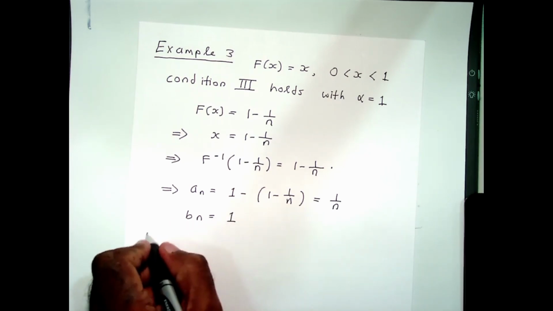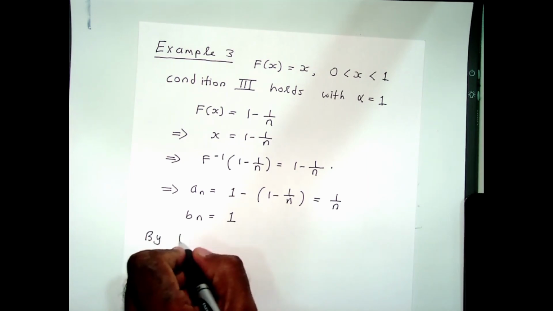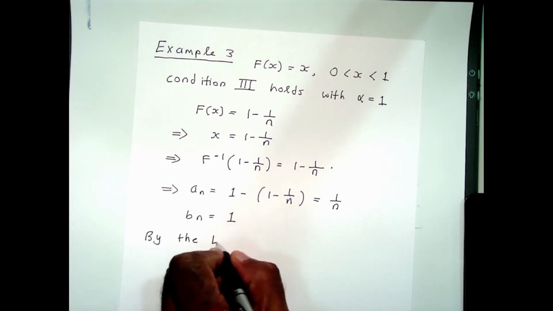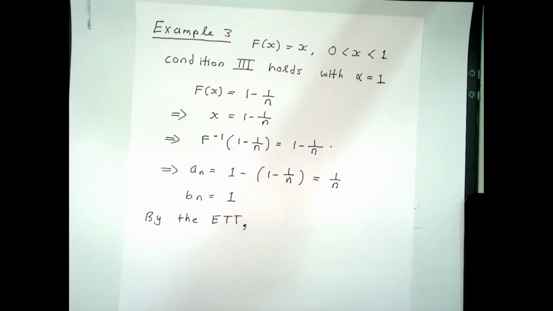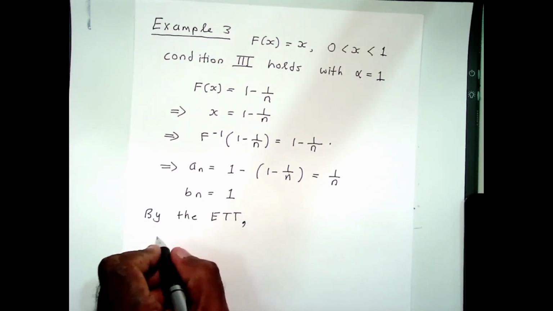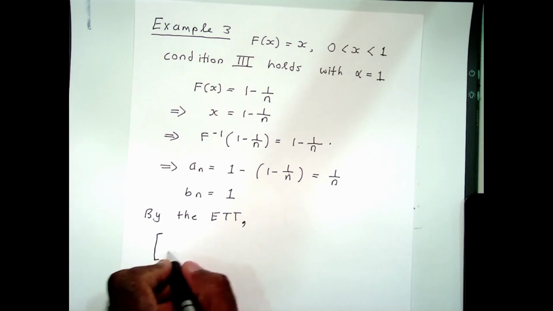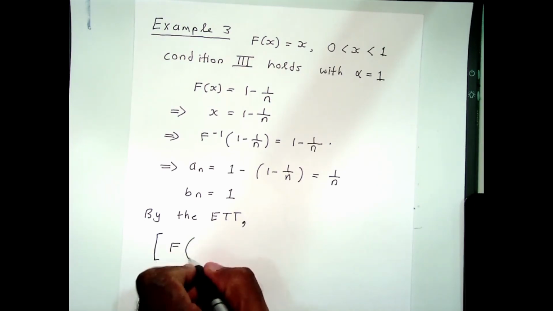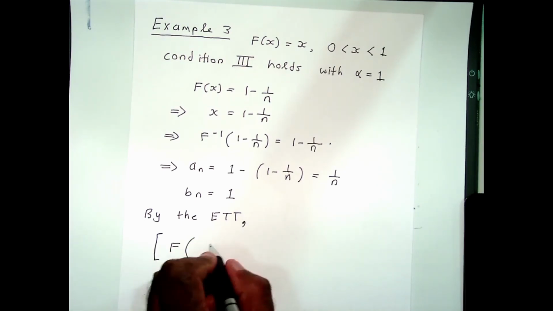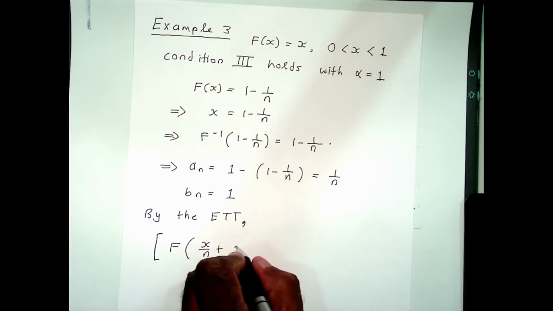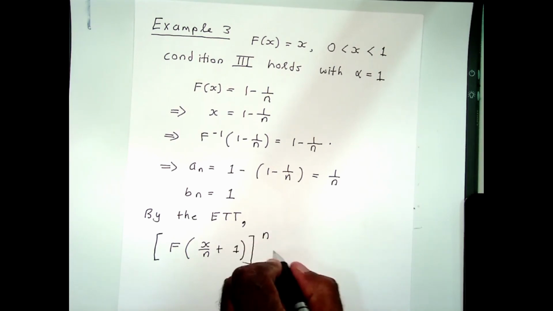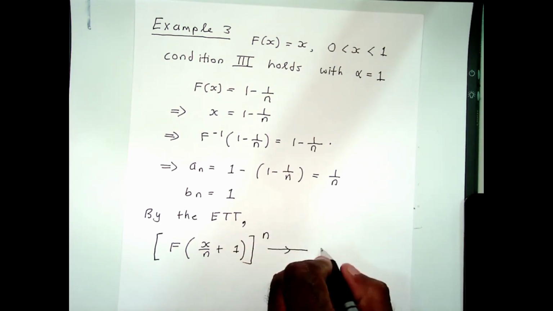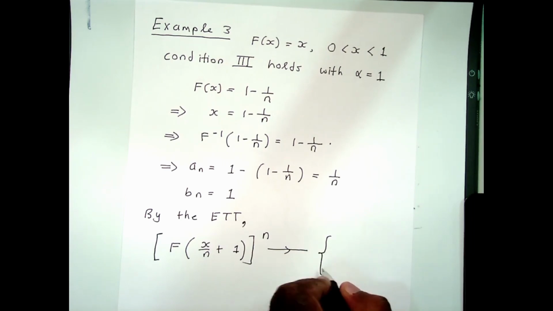So hence, by the extremal types theorem, f at an x, which is x by n, plus bn, which is 1, to the power n, approaches the Weibull limit with alpha equal to 1.